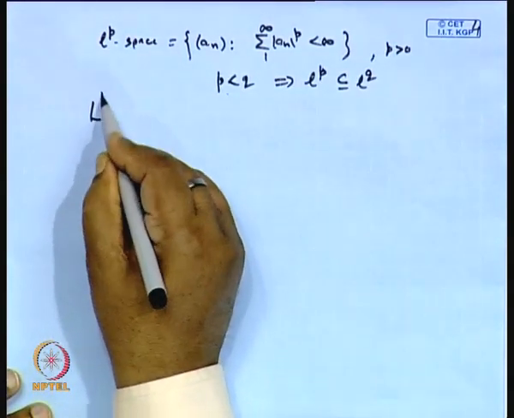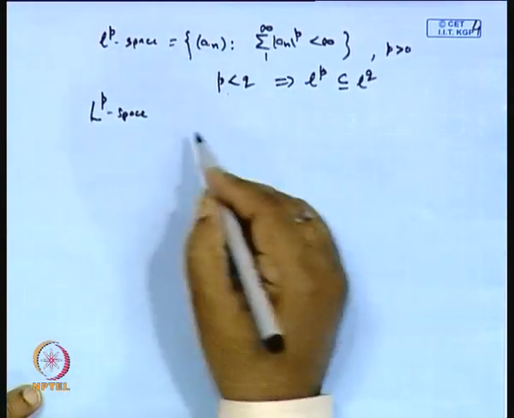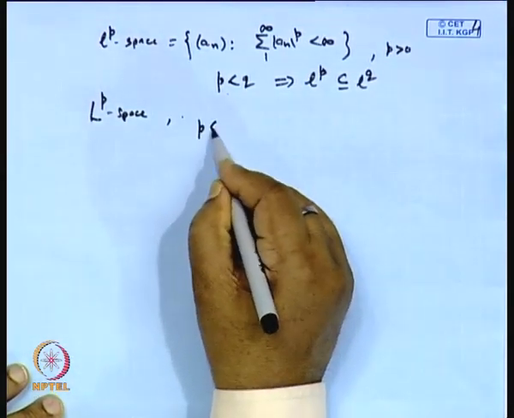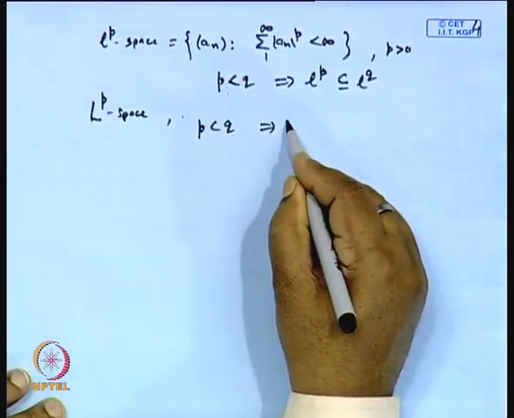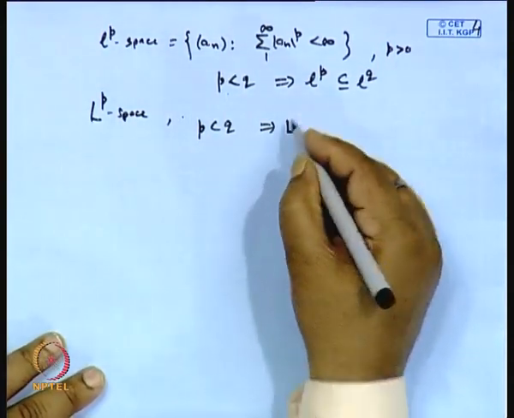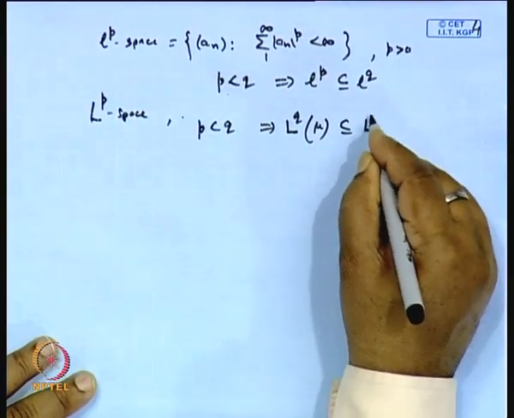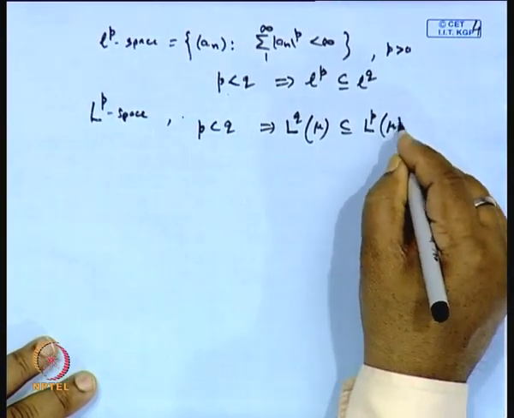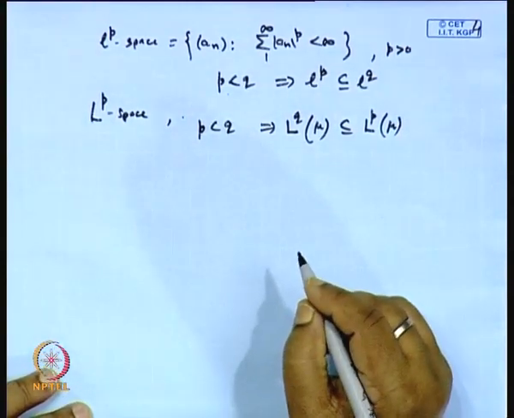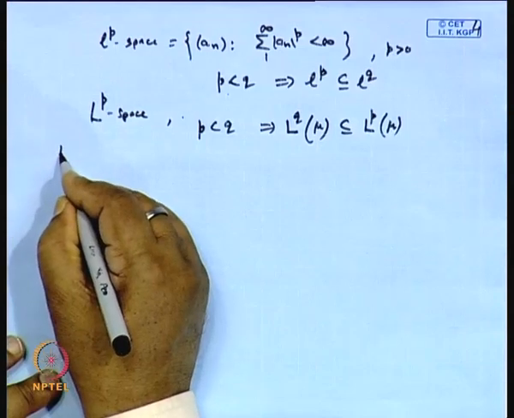But in the case of the L^p space, the inequality reverses. If p is less than q, then L^q(μ) is contained in L^p(μ). So, here the inclusion reverses.